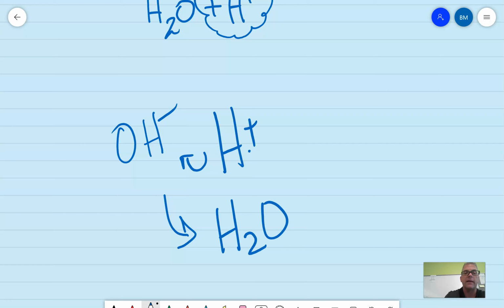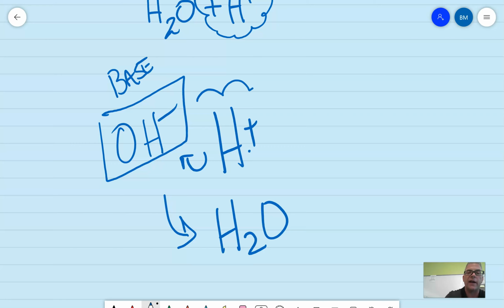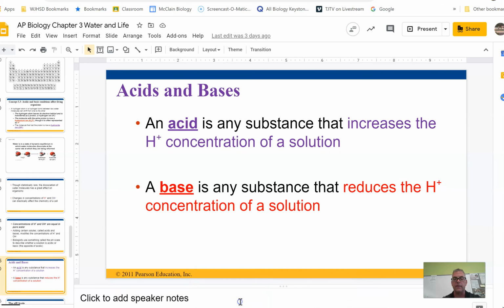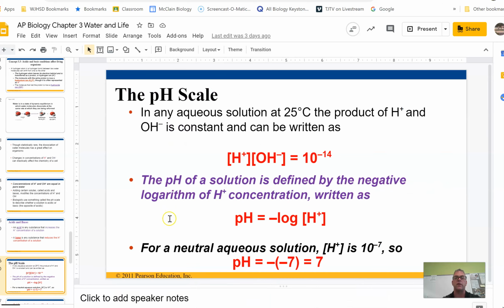And if you think about it, this is a base. This is found in an acid. If these two are in the same proportion, then you're going to get something neutral, and water would be the model of being neutral in that particular case. So the acid-base chemistry is definitely something we need to be concerned with.